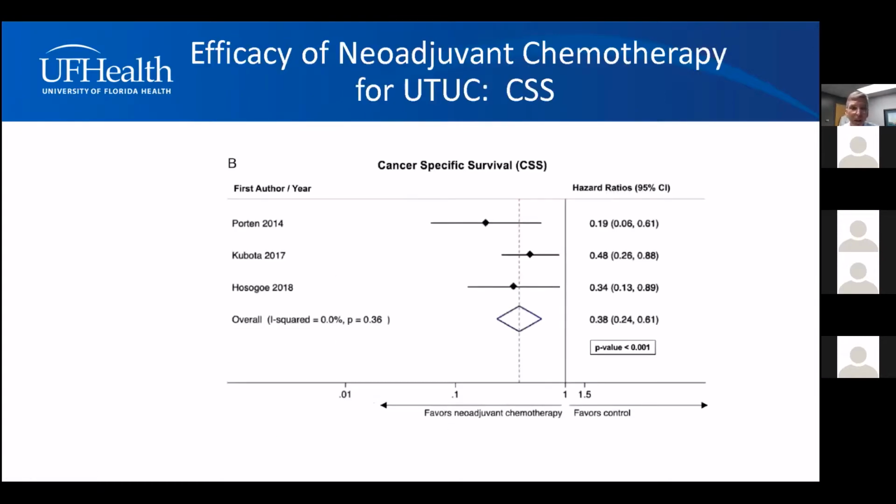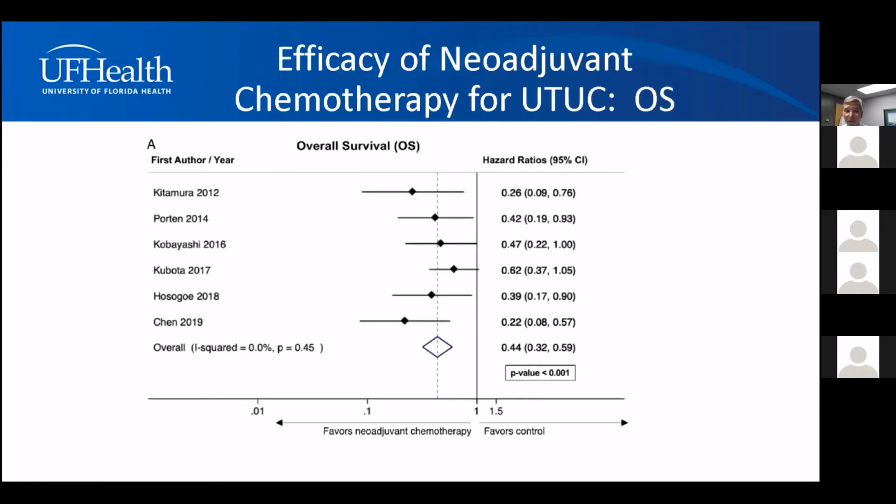Okay, so the efficacy of neoadjuvant chemotherapy in upper tract disease. This is looking at cancer-specific survival, and you see that it's favoring neoadjuvant chemotherapy in this meta-analysis. Regarding overall survival, you see it's favoring neoadjuvant chemotherapy versus control.